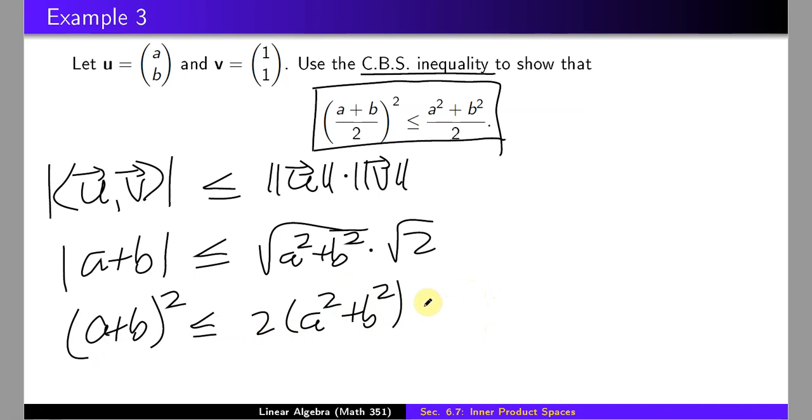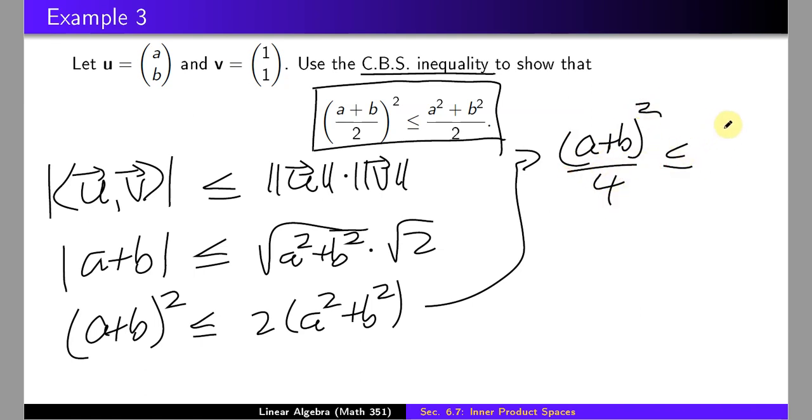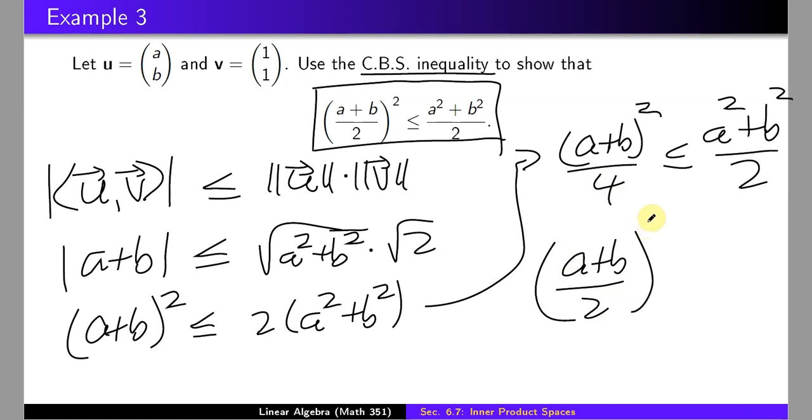Let's divide by 4. So if we divide both sides by 4, here's what we get, over 2. There we go. Then finally, we have what we wanted, because we can write 4 as 2 squared. The left side just becomes (a plus b over 2) squared is less than or equal to (a squared plus b squared) over 2.